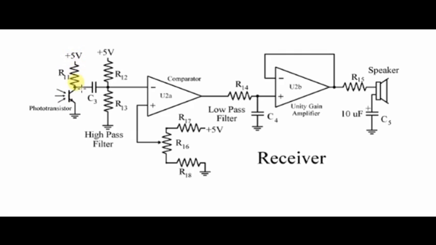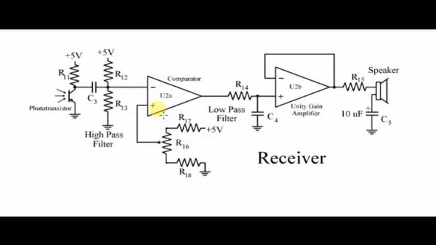That would divide this plus 5 volt signal. Then through the capacitor to smooth it out, and then adding our DC offset again. That goes into the inverting input of our comparator.